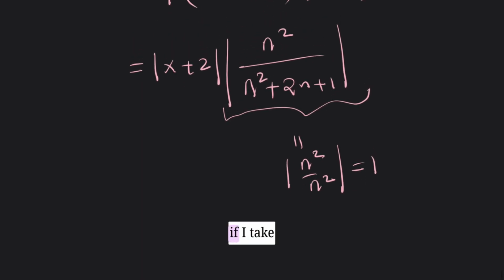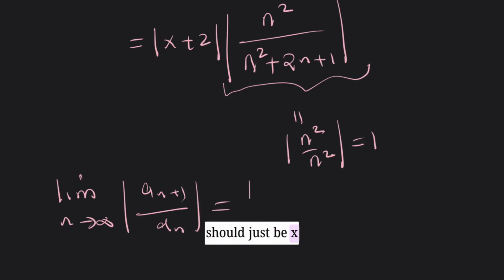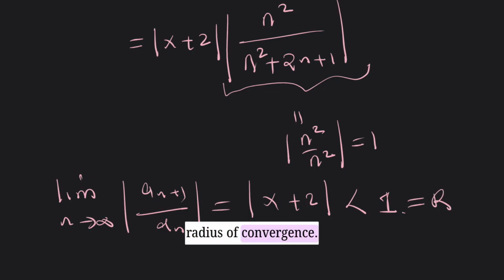So in a nutshell, if I take the limit as n goes to infinity of a sub n plus 1 divided by a sub n, this should just be the absolute value of x plus 2. And for this series to converge, we need the absolute value of x plus 2 to be less than 1, and this is the radius of convergence.